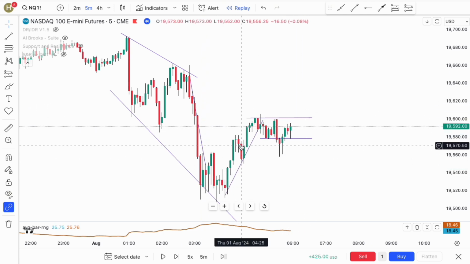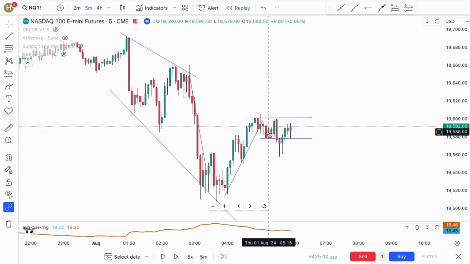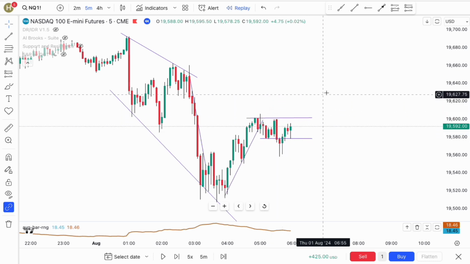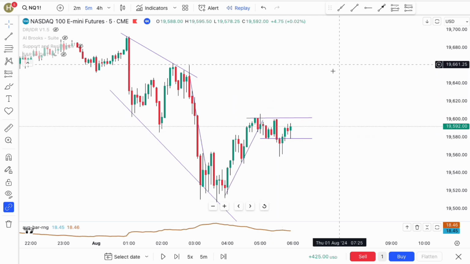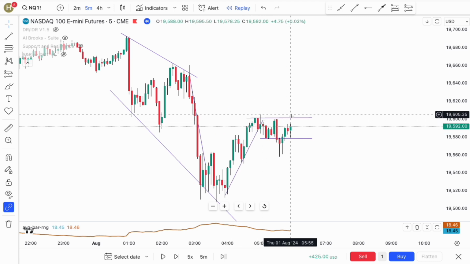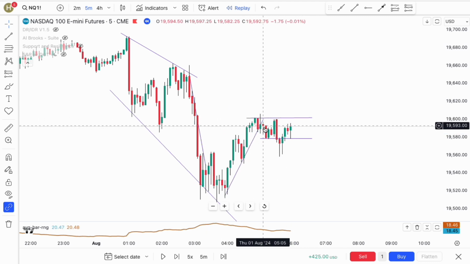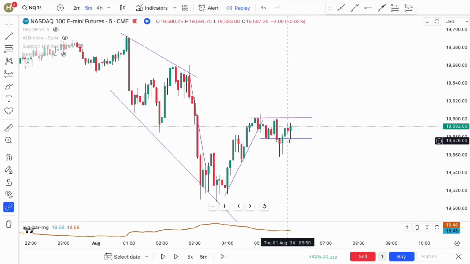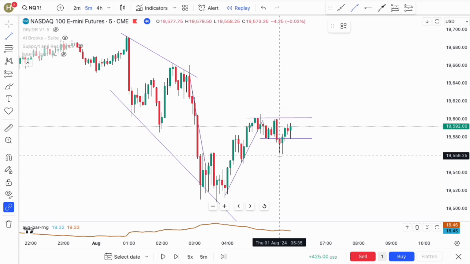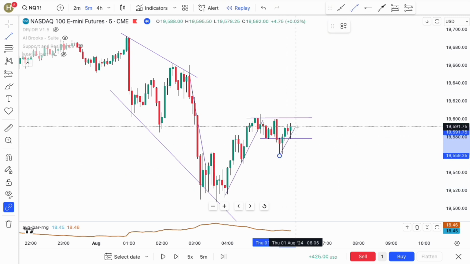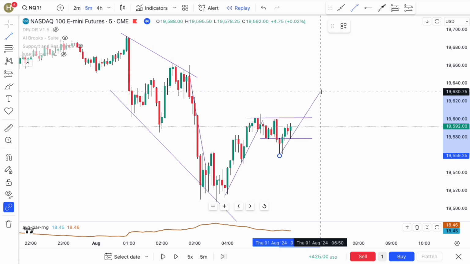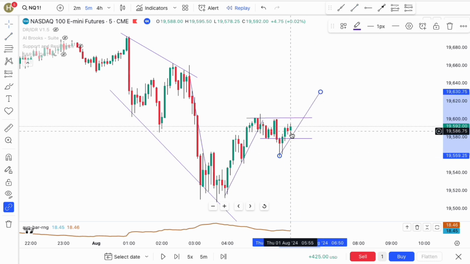Maybe this was the one leg up and then we had a small pullback, and maybe we're going to have another leg up. Possibly. So in that case, this wouldn't be a trading range at all. This would have just been a small pullback that has a funny blip right there. So let's say if this was the case, that we had a little pullback and now we're going up, then I would expect this to be, although actually, you know what I'm going to do?